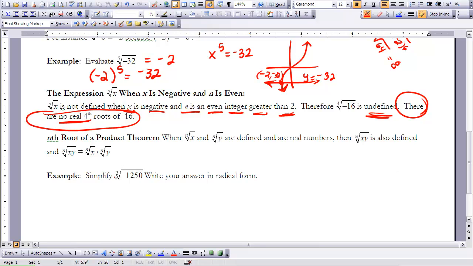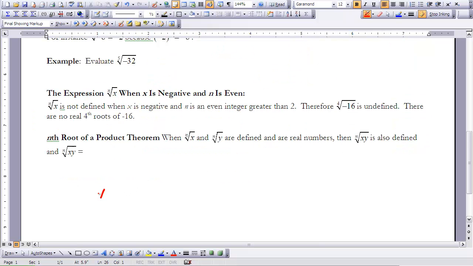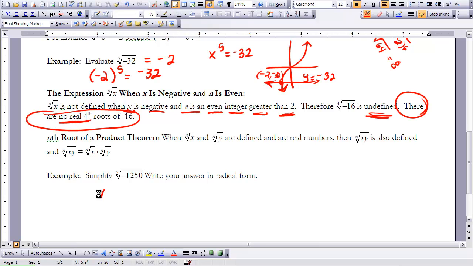We're going to simplify the third root of negative 1,250, and we're going to leave it in radical form. If I look at this, I see that I could write this as the third root of negative 125 times the third root of 10.